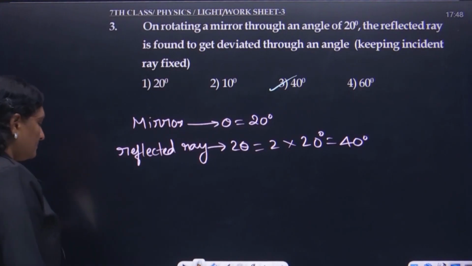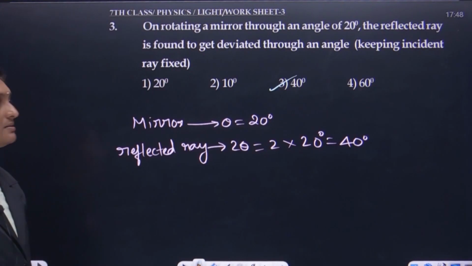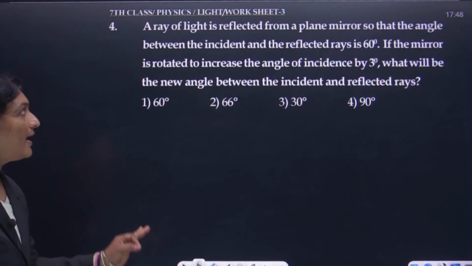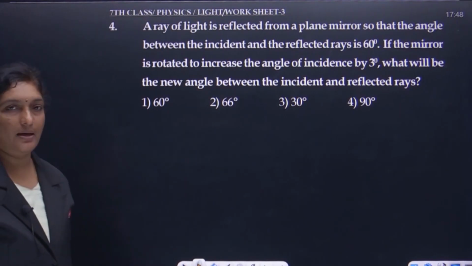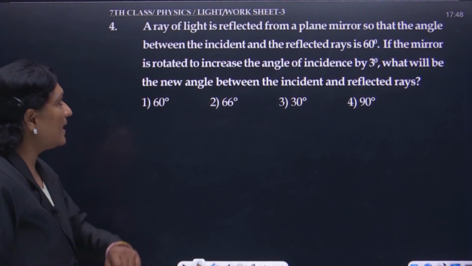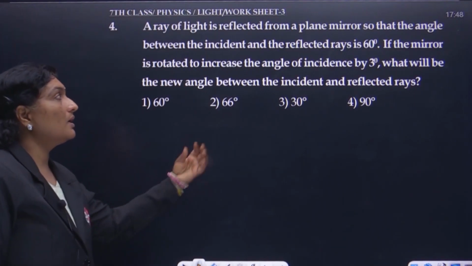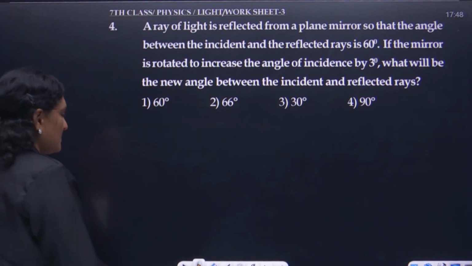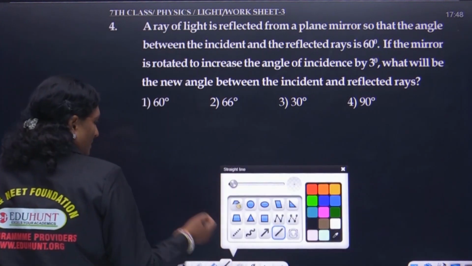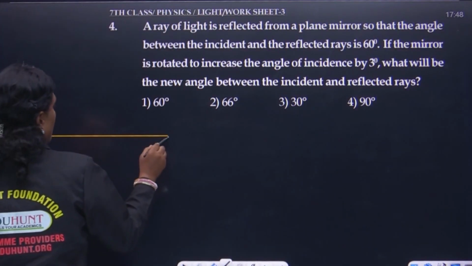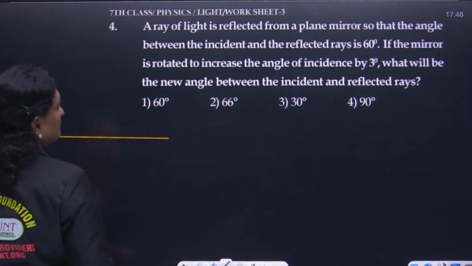Got it, children? Well, now let us move to the next question, question number 4. Here we go. A ray of light is reflected from a plane mirror so that the angle between the incident and the reflected ray is 60 degrees. Let us visualize the same. A mirror is given.